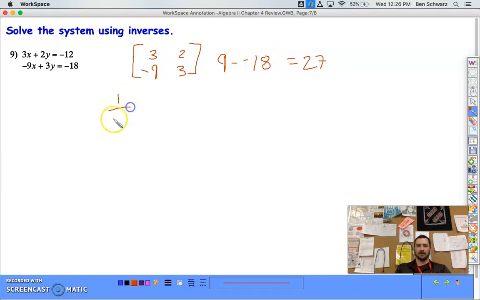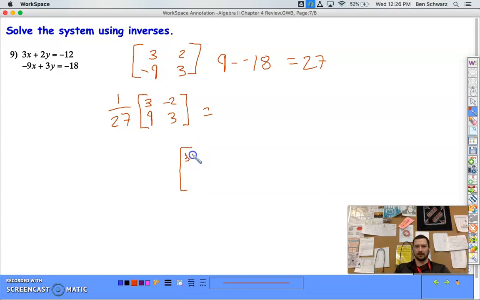We're going to take 1 over 27 and then multiply that by switching the 3's, which is still going to be 3, 3, and then change the signs here. So +9, -2.